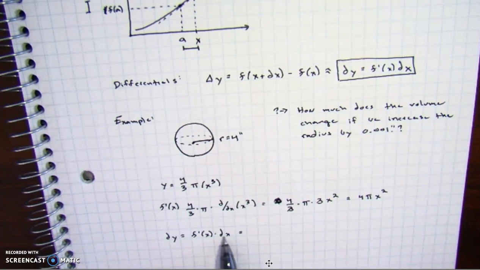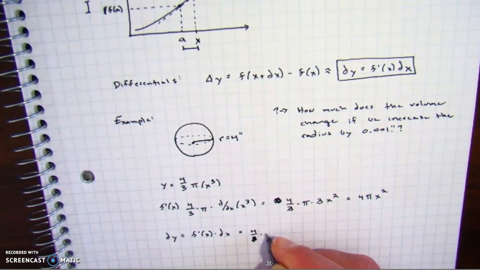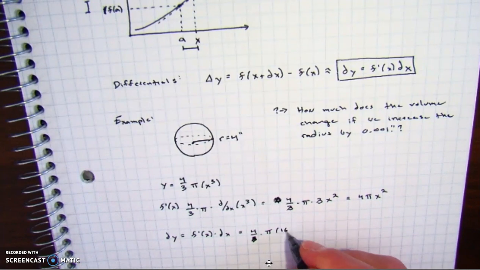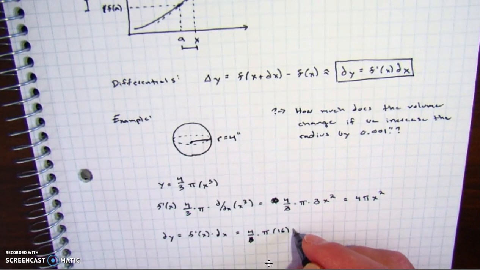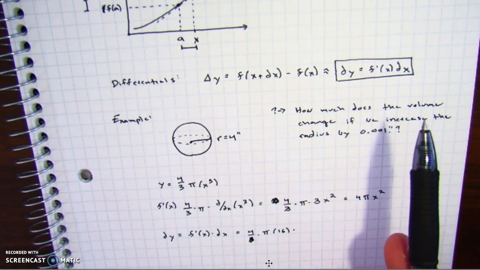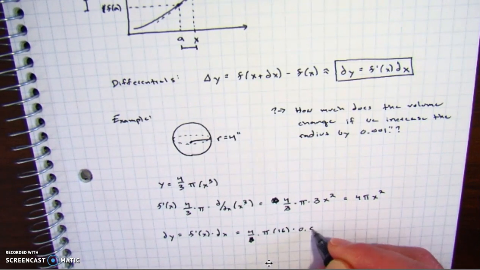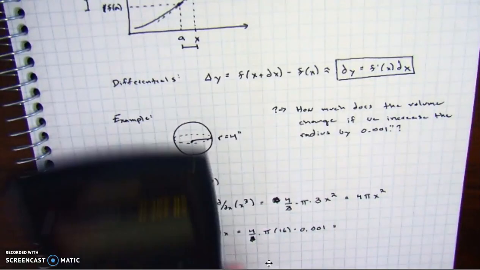So my derivative at x, and x is going to be 4, because that's where we're starting from. So that's going to be 4 times pi times, since we're at 4 squared, so that's 16. So I've got 4 times pi times 16, then times the change in x. So that's going to be 0.001. So we get out our calculator, voila.